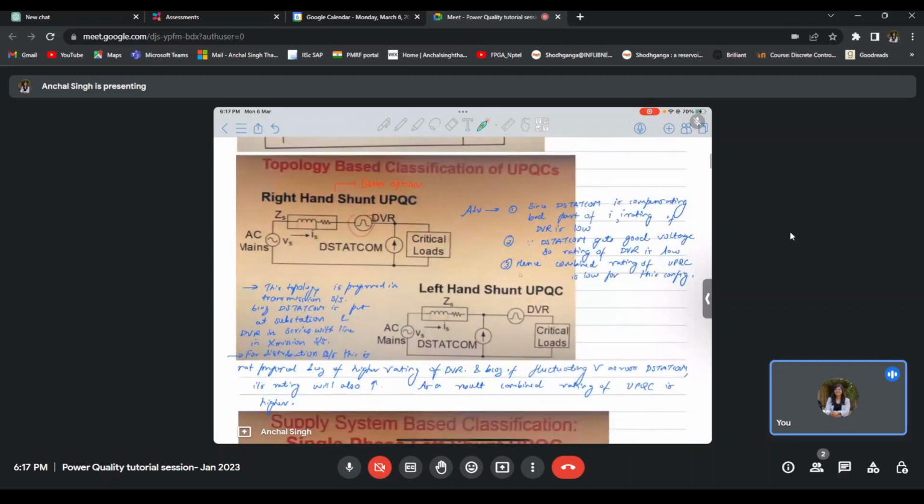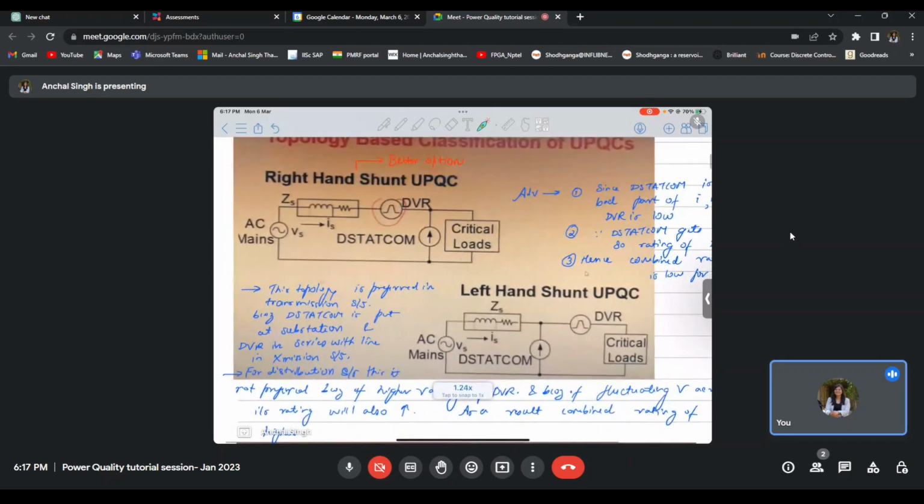Now let us discuss the right hand and left hand shunt UPQCs. The right and the left are the positions of the D STATCOM in the UPQC. So when I say right hand shunt UPQC, that means my D STATCOM is present on the right hand side. And when I say left hand UPQC, then my D STATCOM is present on the left hand side.